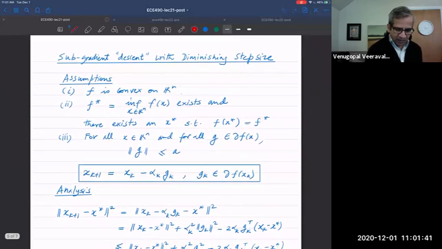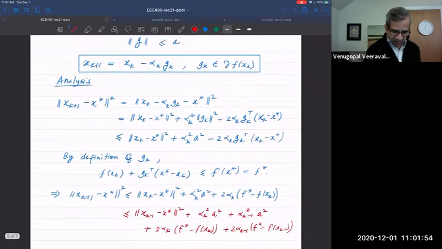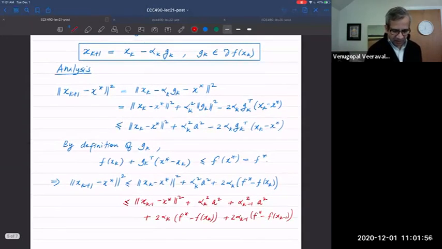subgradient method with diminishing step size, so the alpha k's have to go to 0 at some rate, then you can show, exploiting convexity, that the iterates converge to the optimal solution x star.